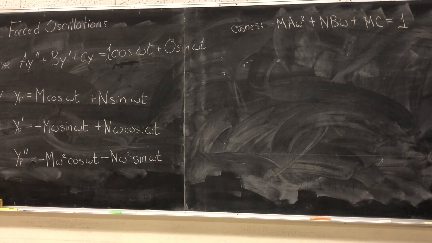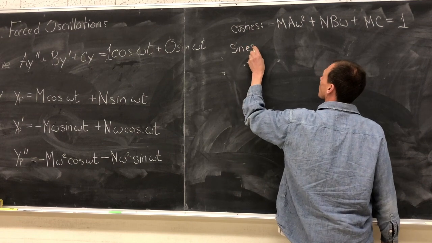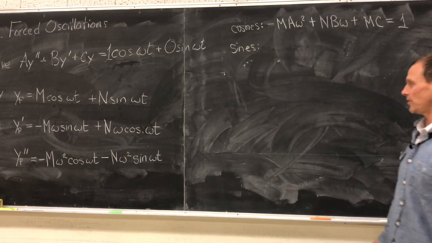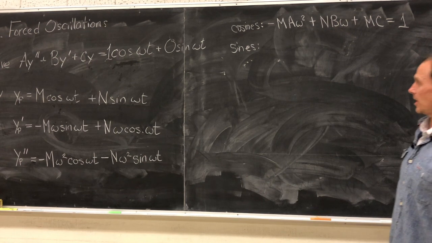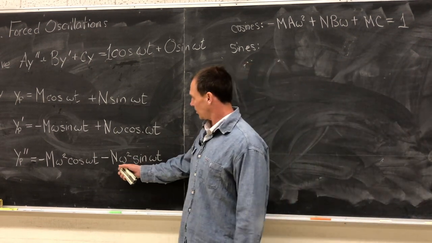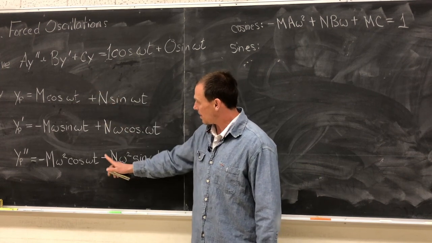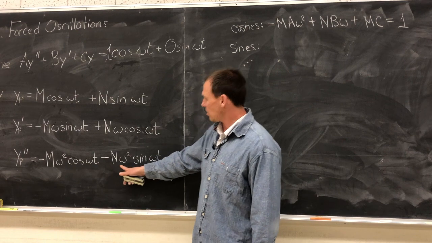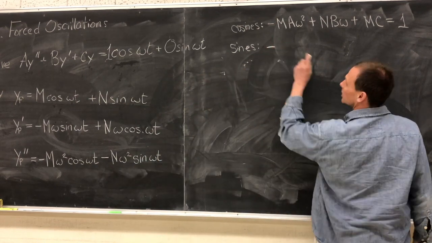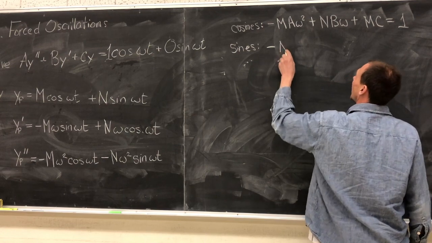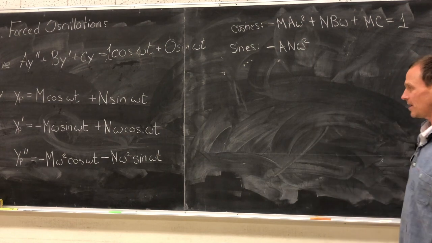Okay, we're going to do the same with sines. So for our sines, let's start with our second derivative. I'm going to pick up a minus n omega squared.